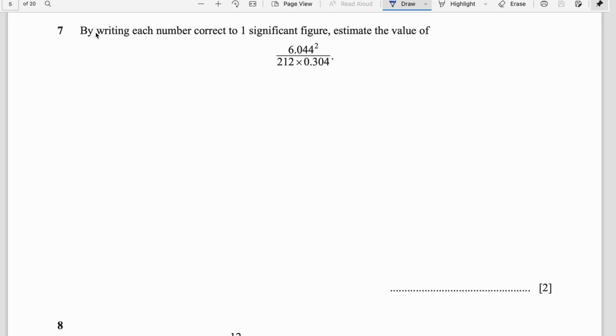Question number 7. By writing each number correct to one significant figure, estimate the value. For one significant figure, this should be 6 squared, and then we have 212 as 200 and 0.3. So 6 squared is 36 divided by 200 times 0.3.